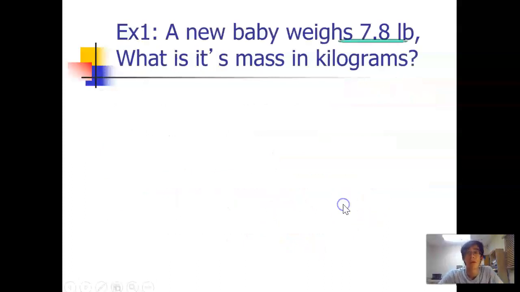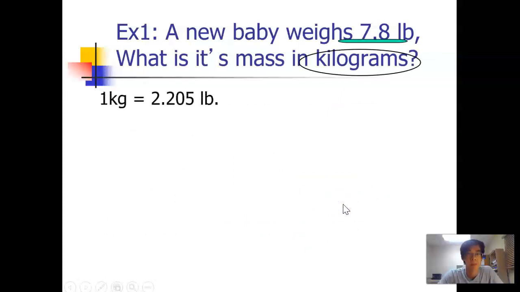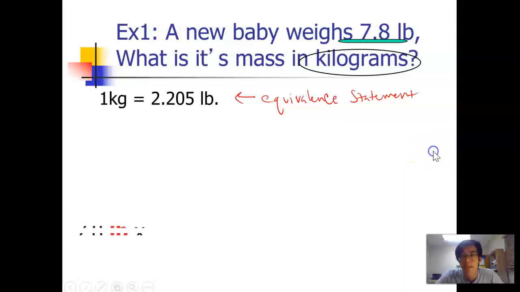So, alright, we underline what we know. We're going to circle what we don't know. And this right here is our equivalent statement. So, I know that 1 kilogram is the same thing as 2.205 pounds. That is my equivalent statement. Now, I'm going to start off with what I know.